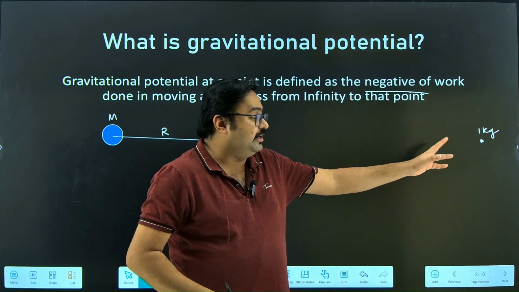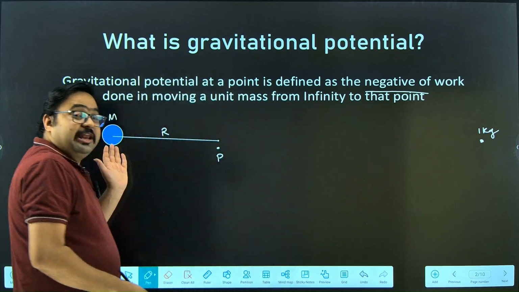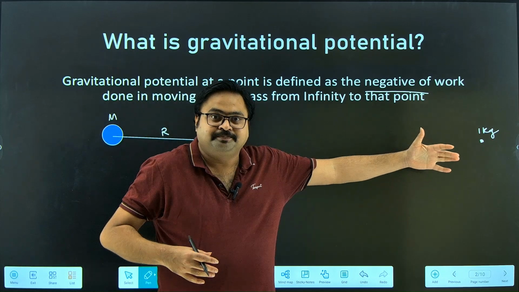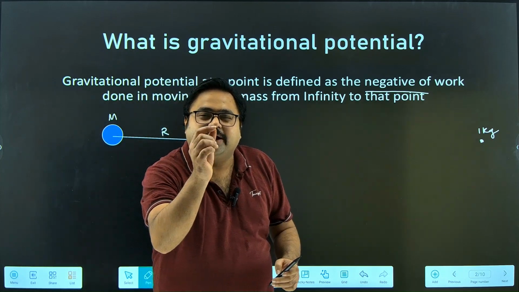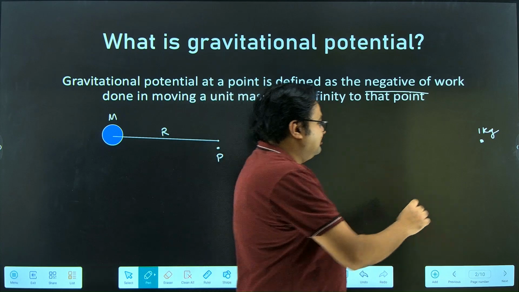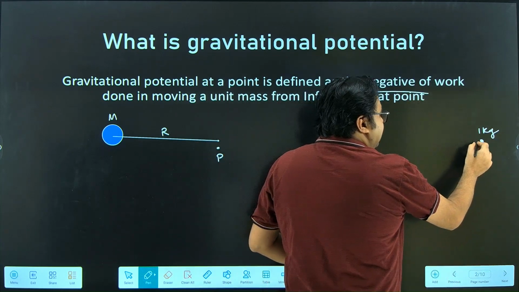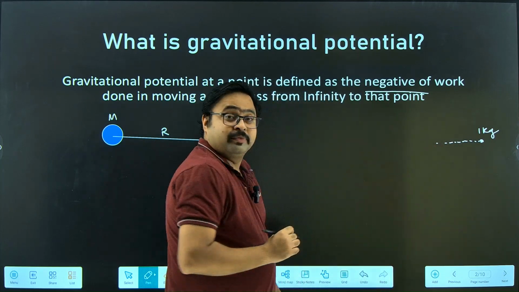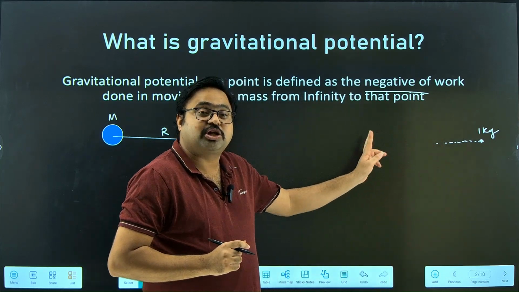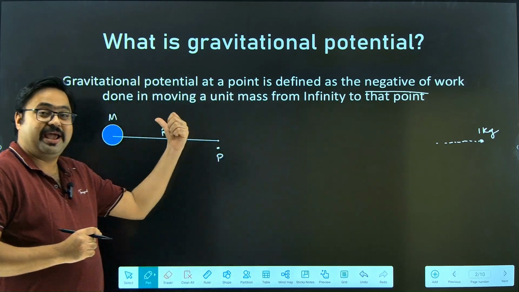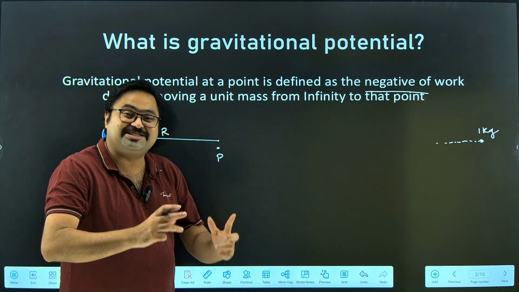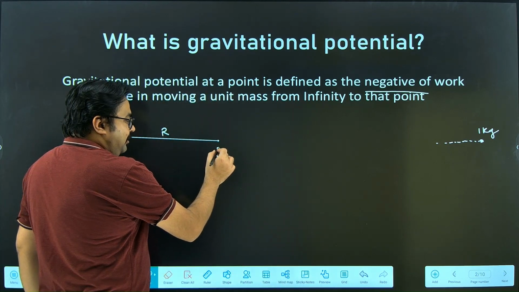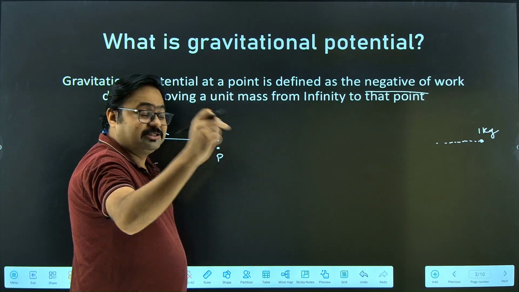Because it is at infinity, it is not experiencing any force because of capital M. You give it a negligible nudge, just that, and slowly it starts moving towards capital M. As it goes closer and closer to capital M, it starts picking up speed, and by the time it reaches point P, it has gained a considerable speed.